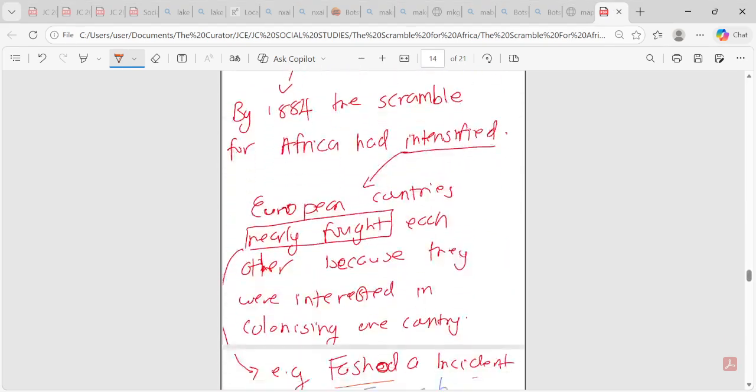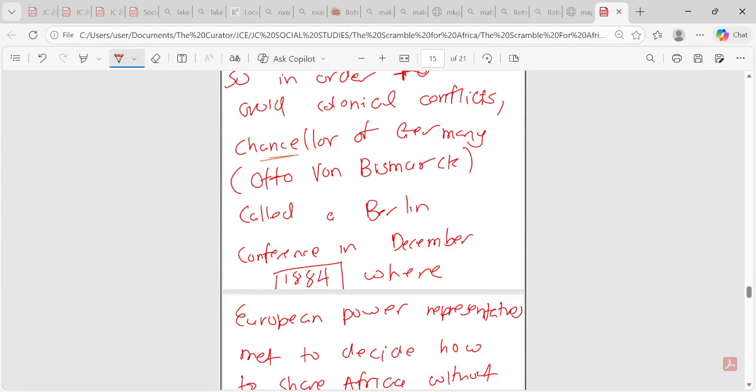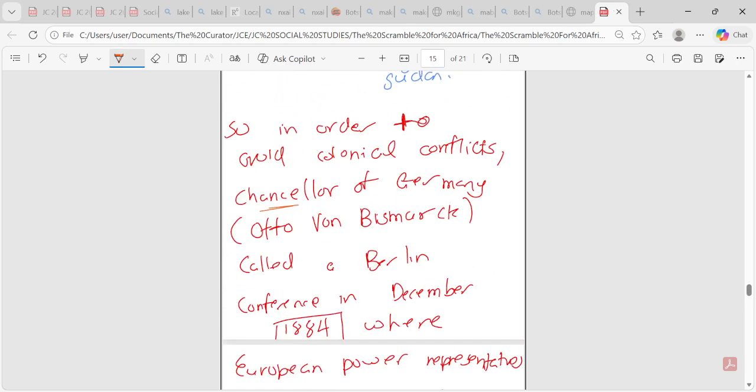We also talked about the Berlin Conference, which was organized by Otto von Bismarck of Germany. By the way, if you do history in Form 5, you'll find that Germany on the international stage is usually the aggressor.